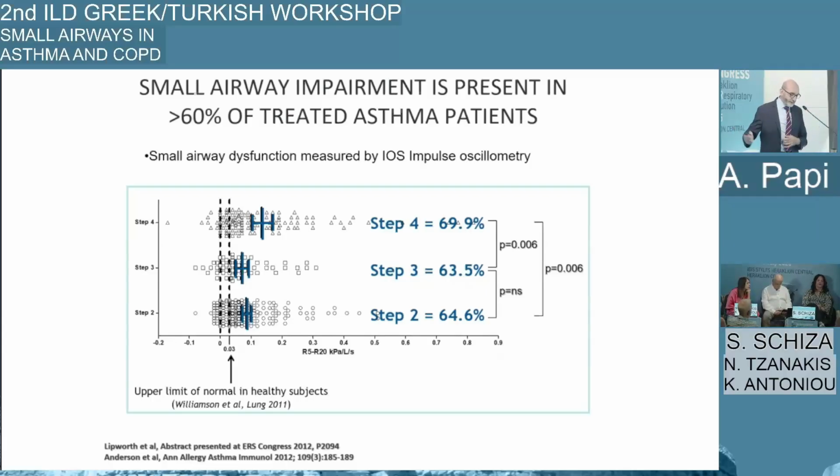There are several ways now of measuring the peripheral districts with non-invasive techniques. This is one of the latest, probably the latest one. It is impulse oscillometry, which shows clearly that with different degrees of severity, particularly in severe asthma, we can see an alteration in peripheral airways in terms of dysfunction of their activity.